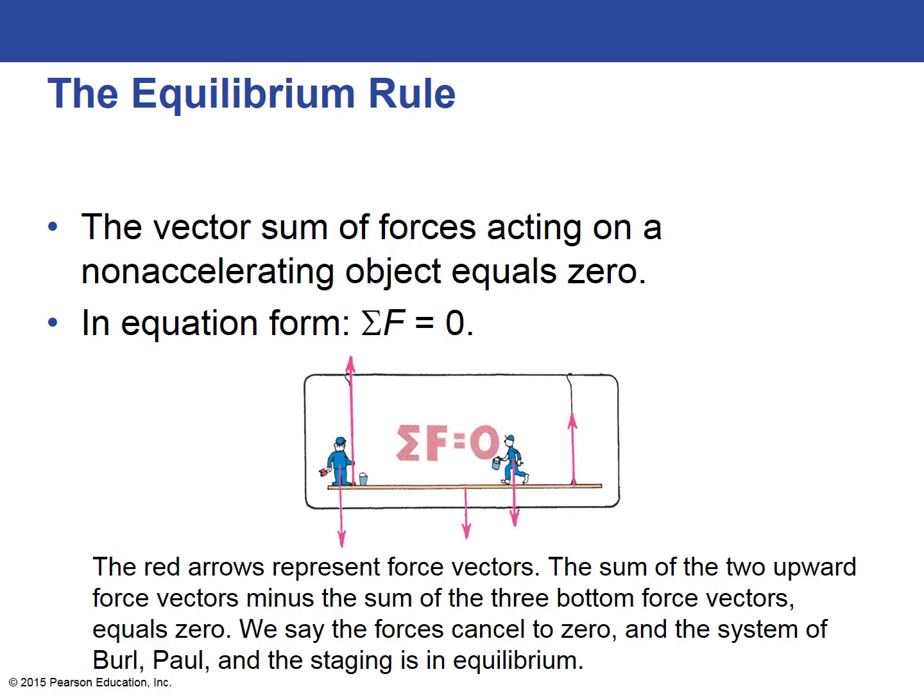One of them is the weight of the plank, which we take to be located at the center of the plank itself, and that will be the weight of the piece of wood that the painters are standing on. And then finally, there is the weight of the individual painters themselves. And so we now have five forces that are operating on the plank.